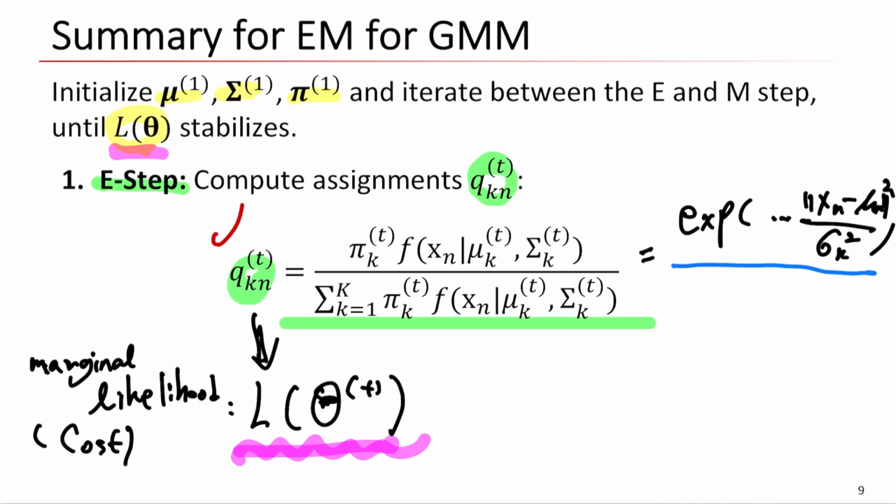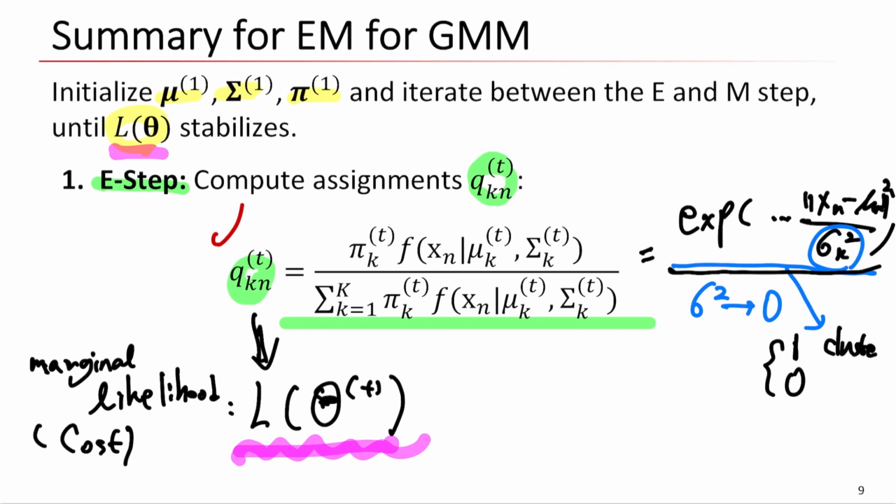So if we decrease this to 0, then this term will be 1 when it is cluster K, otherwise 0.